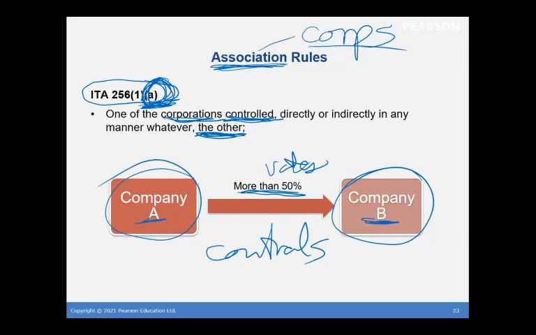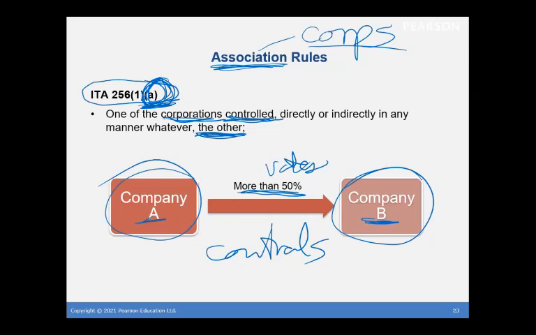So this is a little different than the topic we were talking about before about being in the same line of business, which was when, say, one company acquired another company. There was a change in ownership, and we were worried about how we could use those losses. In this case, we're talking about any scenario of companies.